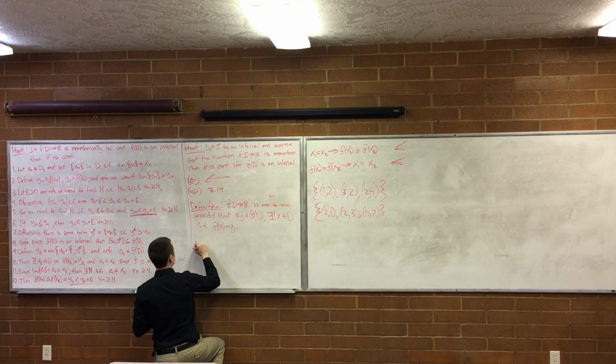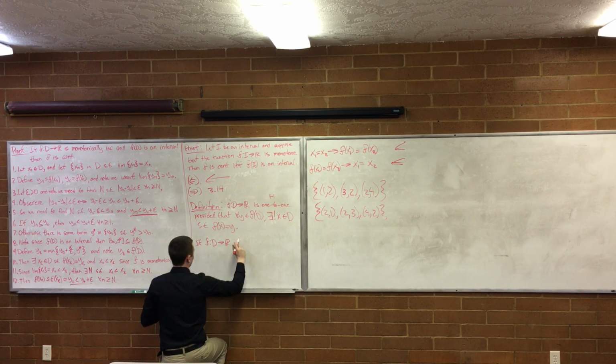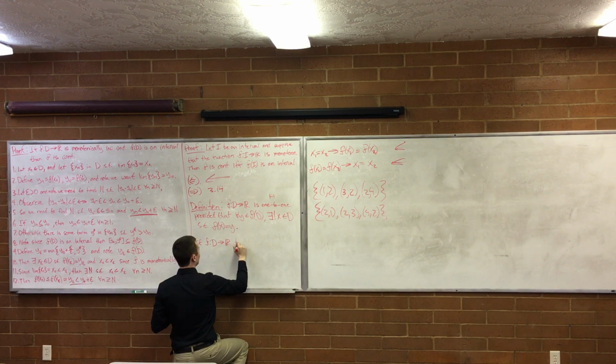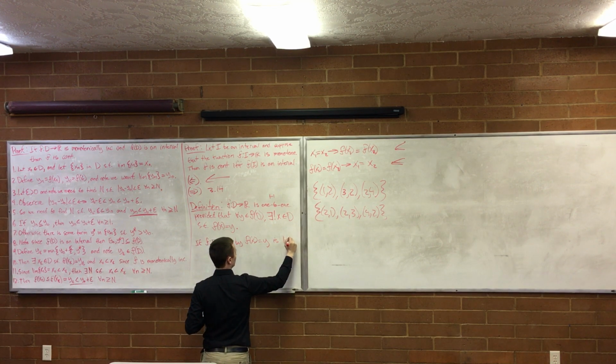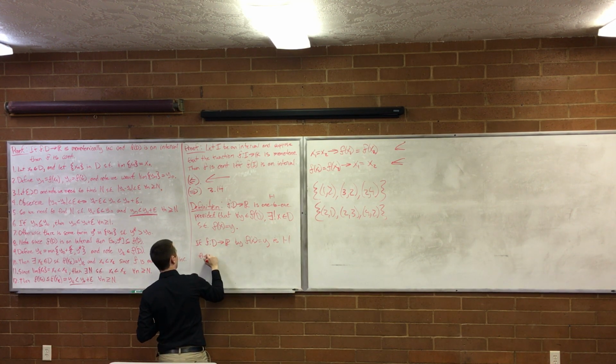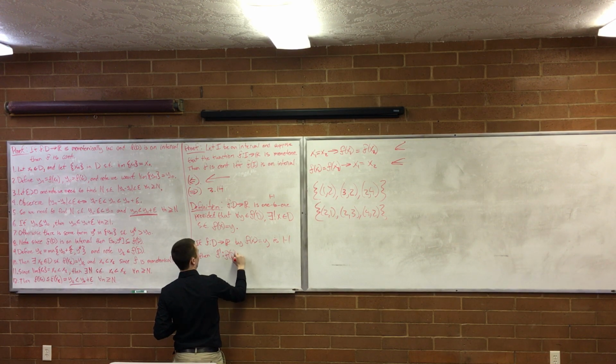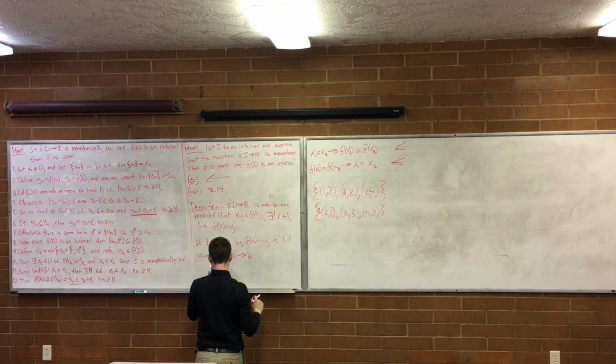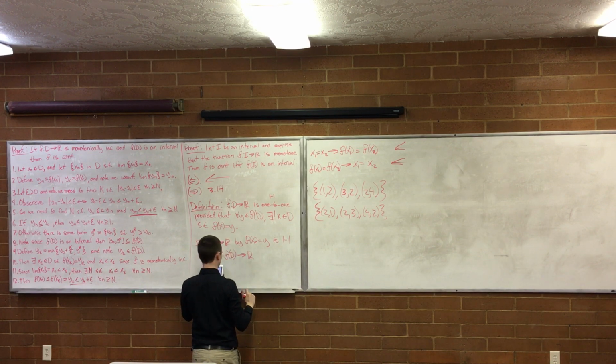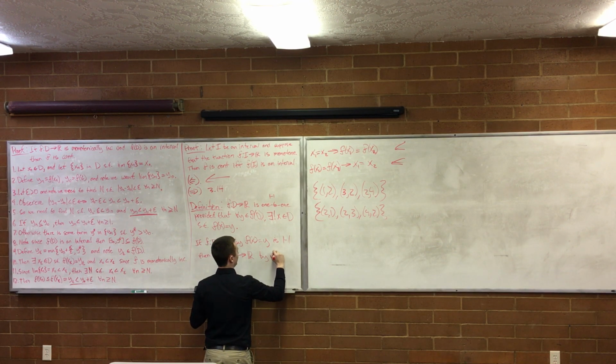Let's see. If f from D to R, by f of x equal to y, is one-to-one, then f inverse is a function from f of D to R, by f inverse of y is equal to x.